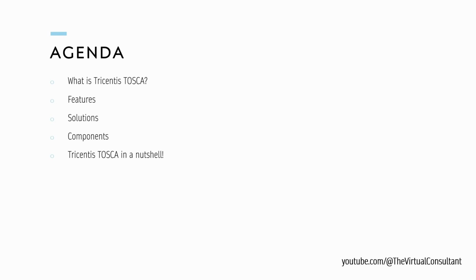Next, we will see the components that are available in the TOSCA workspace for us to work on. Next, we'll see how Tricentis TOSCA is in a nutshell. So basically, we'll have a couple of topics and we'll see how Tricentis TOSCA differs from other testing tools in the automation sector.